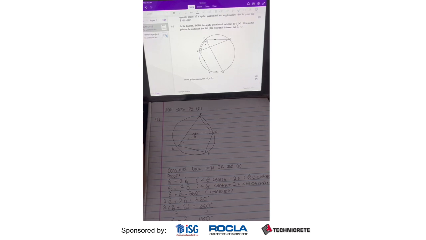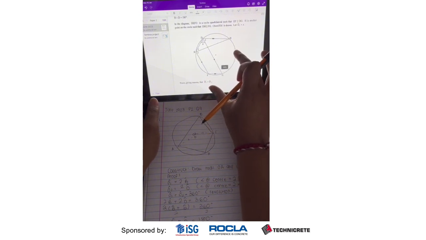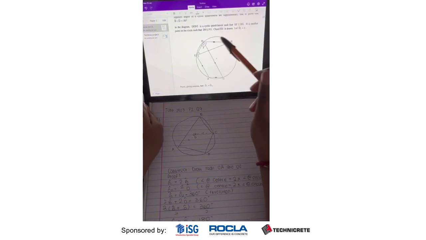Okay, our next question is 9.2. Let's look at the structure that we're given. It says in the diagram, DEFG is a cyclic quad such that EF is parallel to DJ.